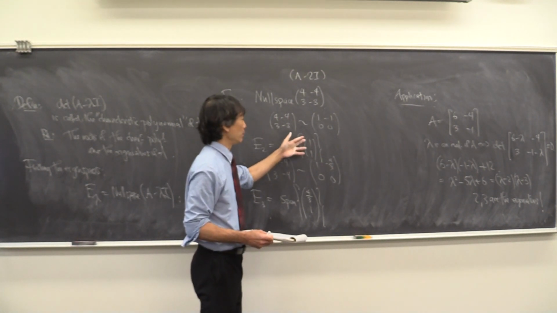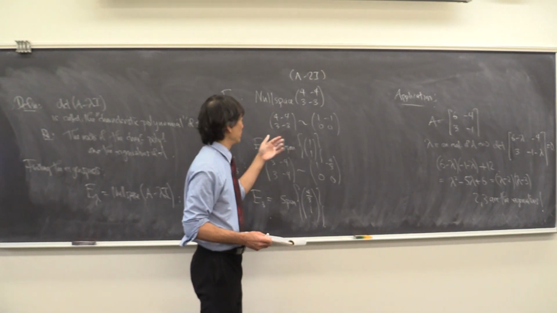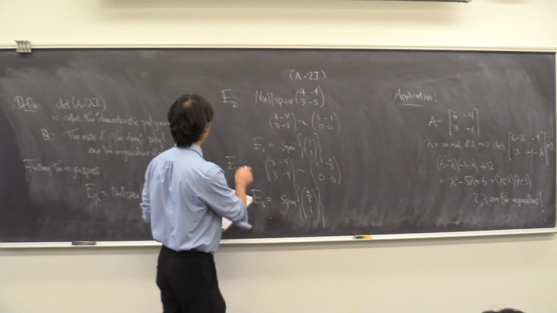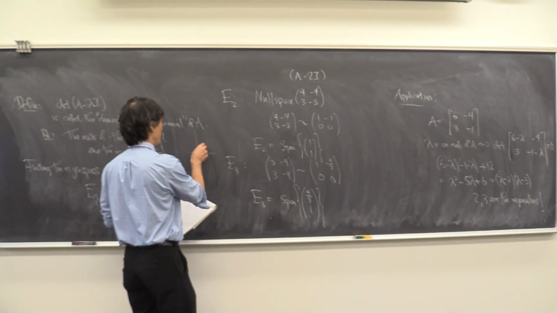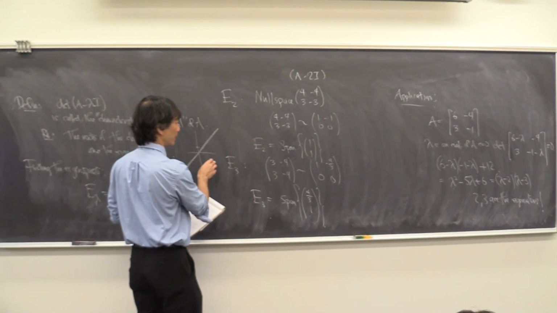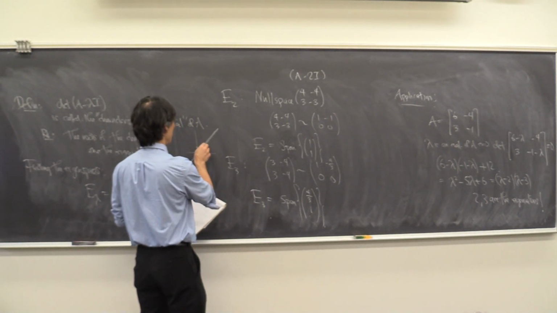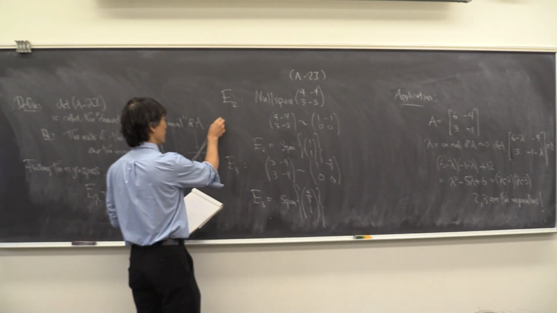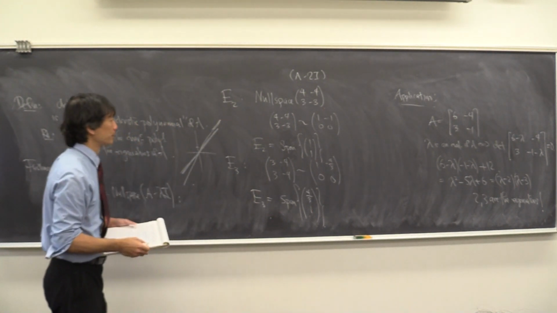Any multiple of this is going to be in E2. So E2 is a whole line, (1, 1). This is E2 right here. And then (1/4, 1/4) is the other one. Okay, that makes sense.